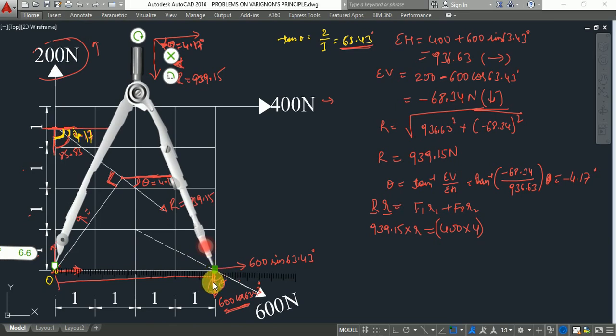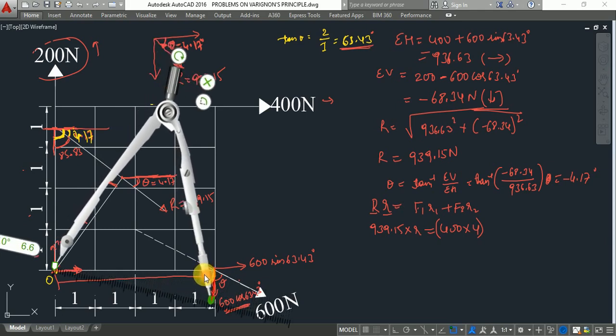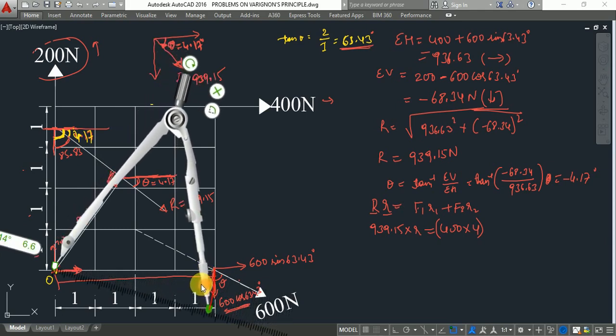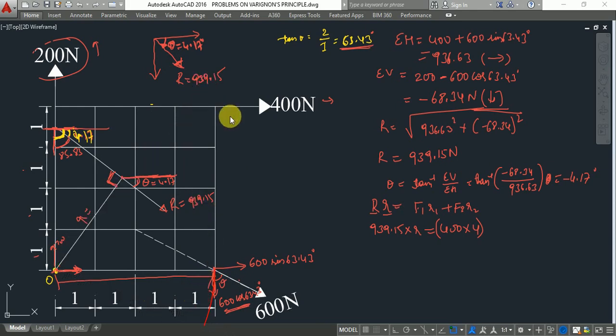The force is acting in the downward direction. See here, what is happening: due to the application of this force, it is rotating in a clockwise direction, right? It started to rotate in the clockwise direction due to application of this force.